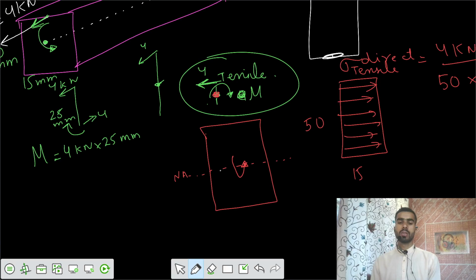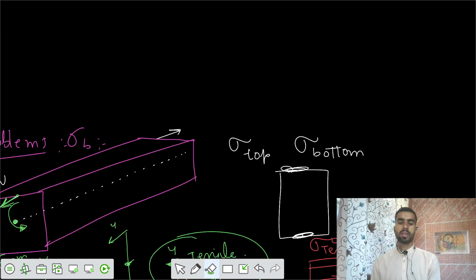An anti-clockwise moment. Because this is a hogging moment, it should be anti-clockwise, because here it was clockwise and here it would be anti-clockwise. So on the beam an anti-clockwise moment is acting, which will make the fibers bend in this fashion.